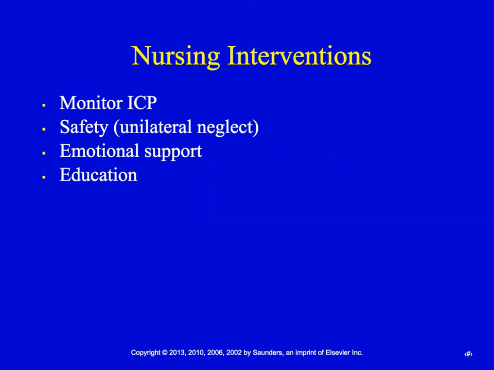Post-brain attack, if a patient has had a significant event happen to them, especially with a bleed, because we said the bleed is an acute onset. It can be much more devastating than an ischemic stroke. A bleed is harder to fix. So monitoring the intracranial pressure post-procedure, whatever procedure they have.